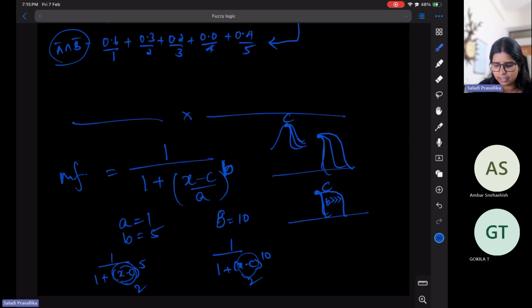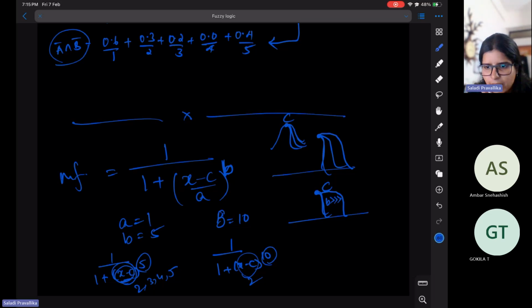Keep trying different values of x minus c, maybe 2, 3, 4, 5, for fixed values of b equal to 5 and b equal to 10. Just have some data points, try to plot it in Excel or something and see the difference between B equal to 5 and B equal to 10. That is when you'll understand why it is falling faster and why it is falling slower.